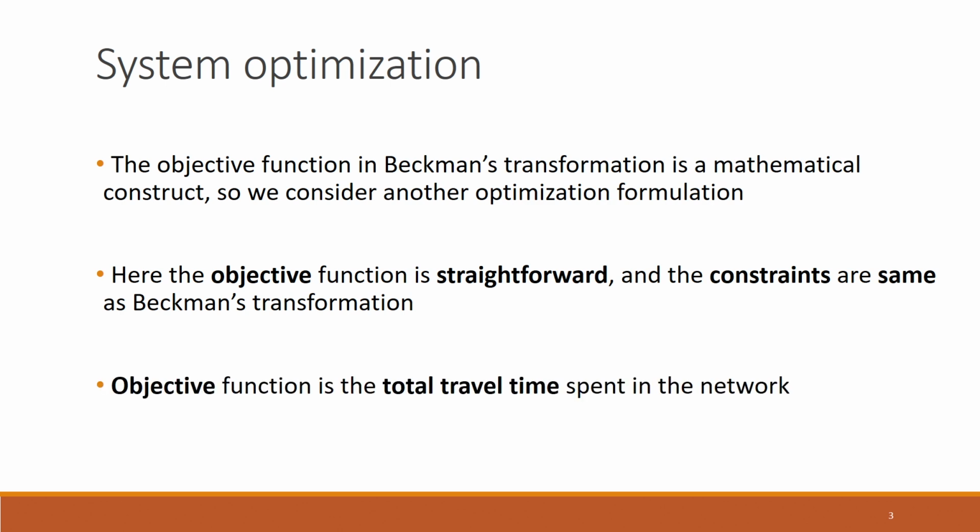The objective function in system optimization formulation is the total time that is spent in the network. This total travel time spent in the network is a measure of the network performance. You can think of it as connecting to the congestion characteristics and so on.